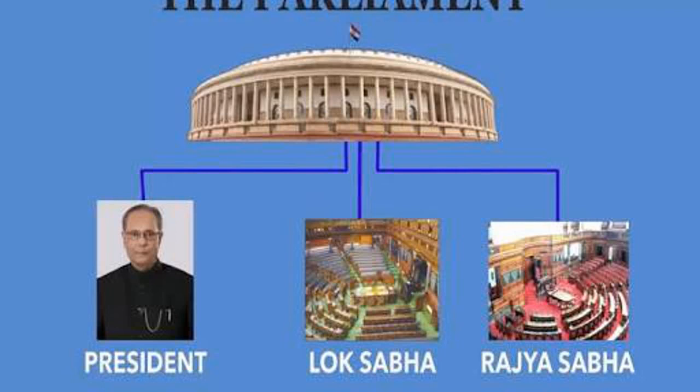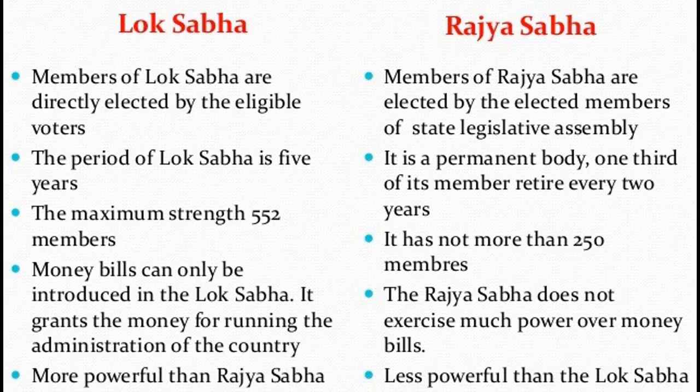But some of the states follow a bicameral legislature, that is, a lower house and an upper house also, in some states like Bihar, Karnataka, Uttar Pradesh, Andhra Pradesh and Telangana. These states have a bicameral legislature.